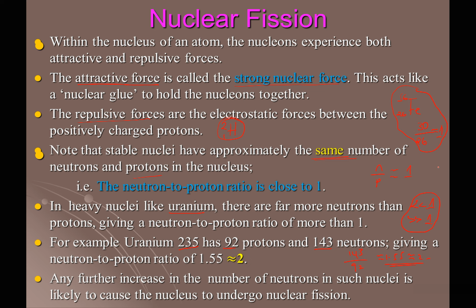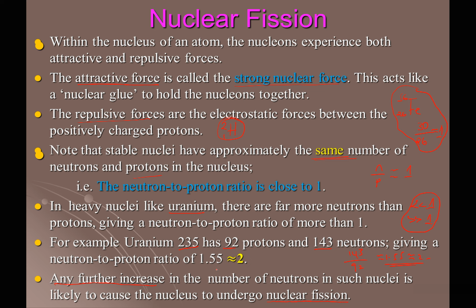So let's think of heavier nuclei, such as uranium-235 and 238. If we already have an excess number of neutrons, any further increase in the number of neutrons in such nuclei is likely to cause the nucleus to undergo what we call nuclear fission.